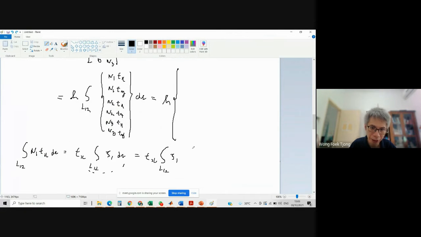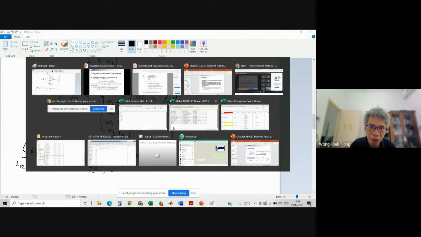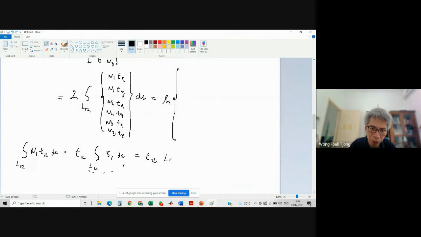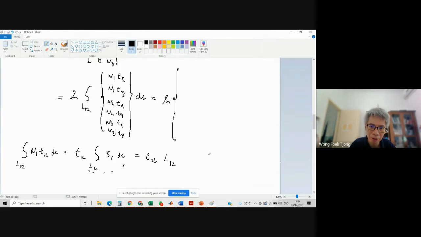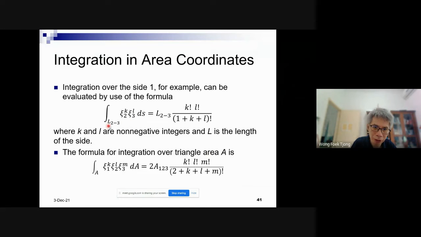I think just directly, the result is the length of the side 1, 2 multiplied by k factorial and l factorial, where k and l are the powers inside the integral. What do we have inside? C1, and it should be, for 2, 3, 1, 1, 2, right?